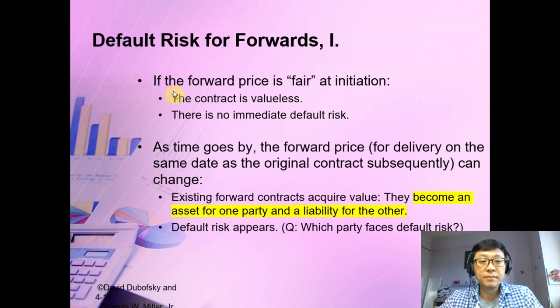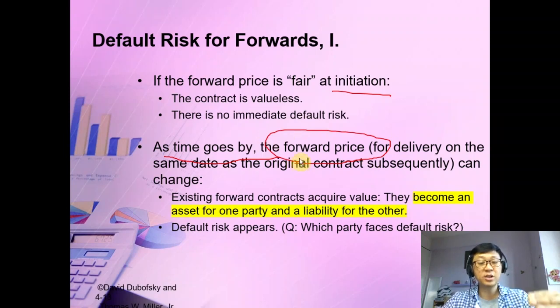Here we can see that at the initial state, the forward contract usually starts from zero because it has just started. So it's usually $0 value, and there's no immediate default risk. But as time goes by, the forward contract price can vary according to the market value.